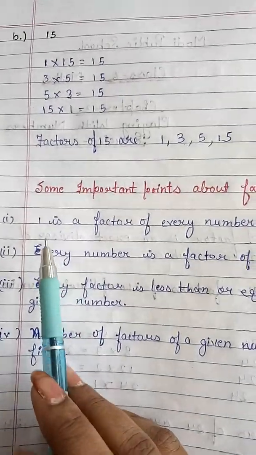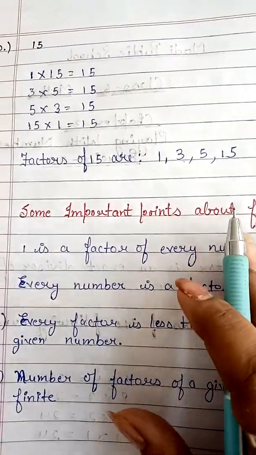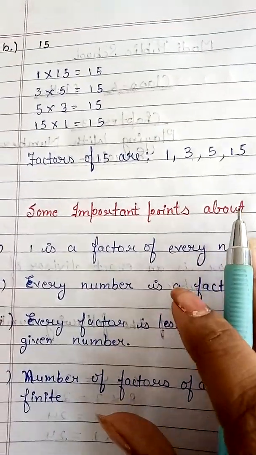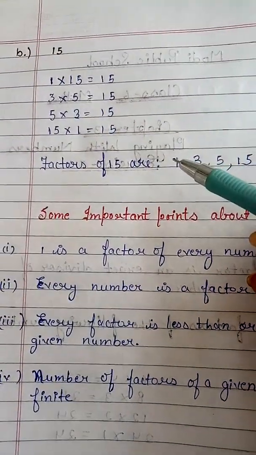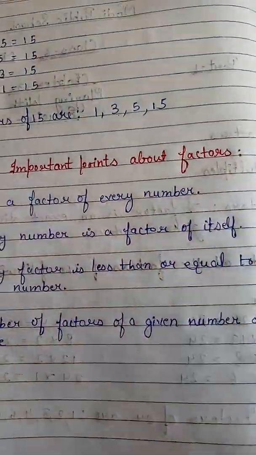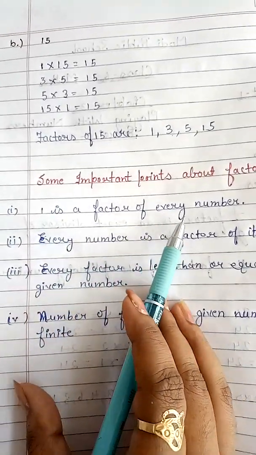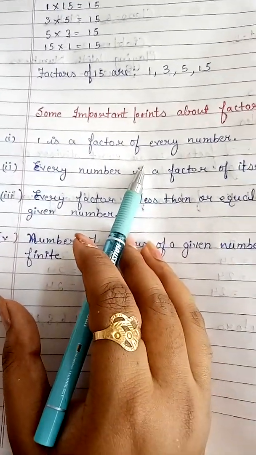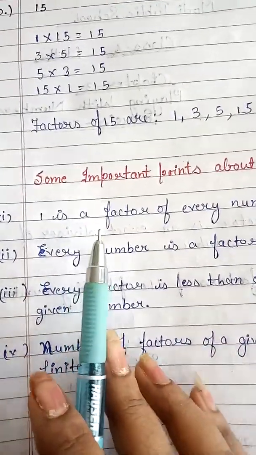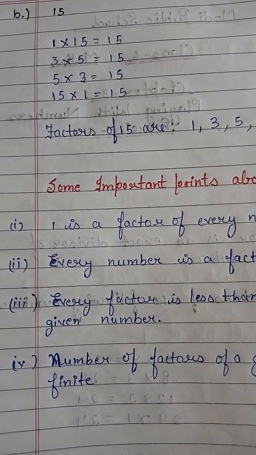Let us now discuss some important points about factors. Factors are the exact divisors of any given number. The first point is that 1 is a factor of every number. We can obtain any number by multiplying it by 1, like 1 multiplied by 13 is 13.